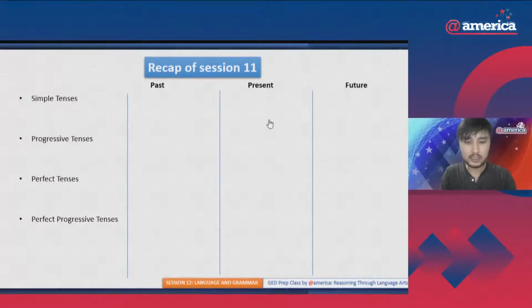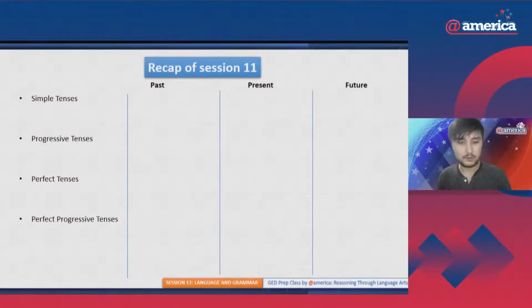And if you go to progressive, maybe I should try a line, something like this, so that you all don't get confused. What did I do? Okay, so if you want to talk about the duration or happening of something at a specific moment, that's when you use progressive tenses or continuous tenses.